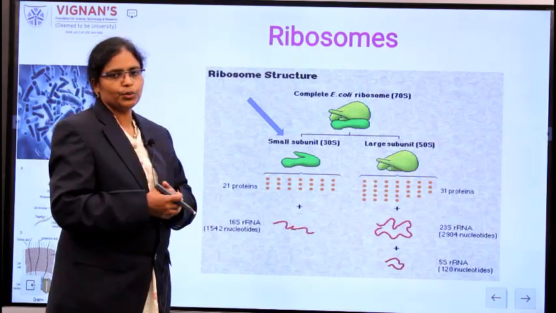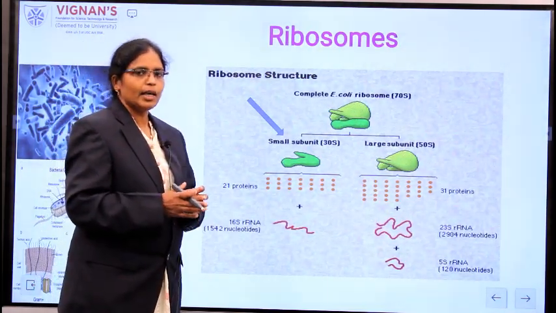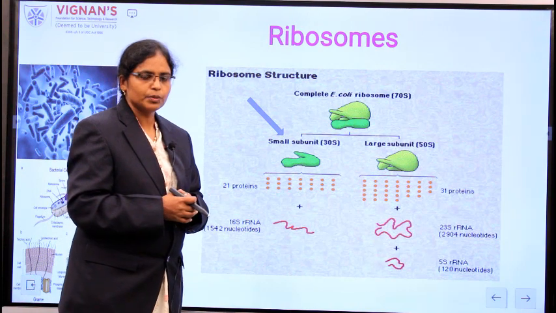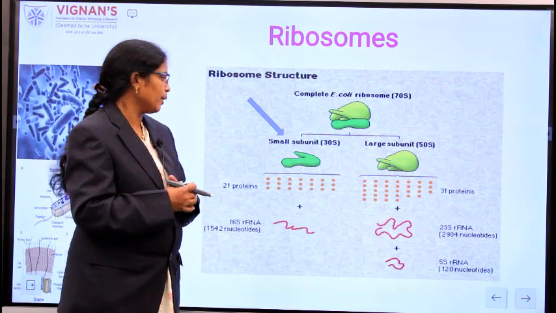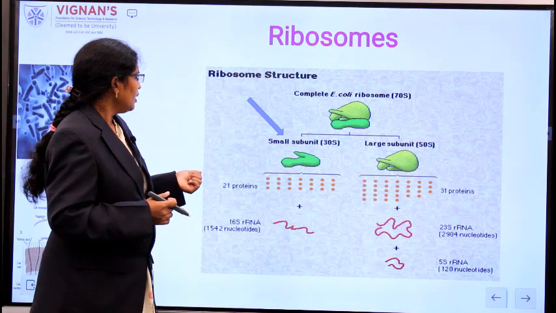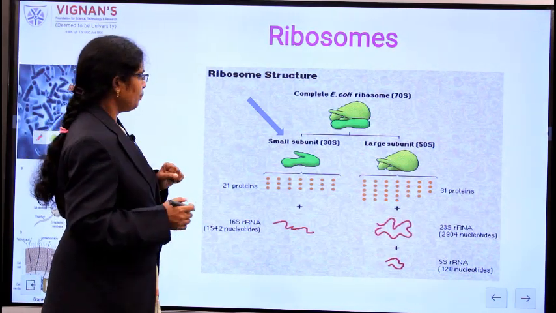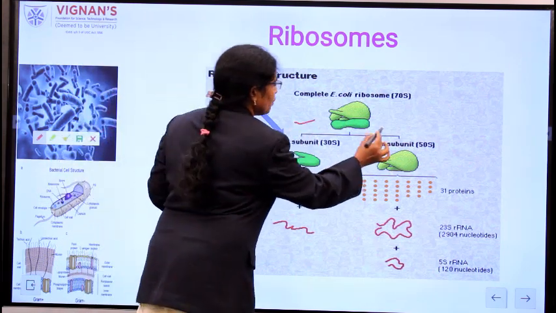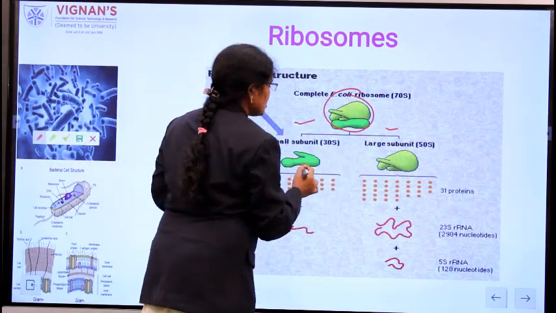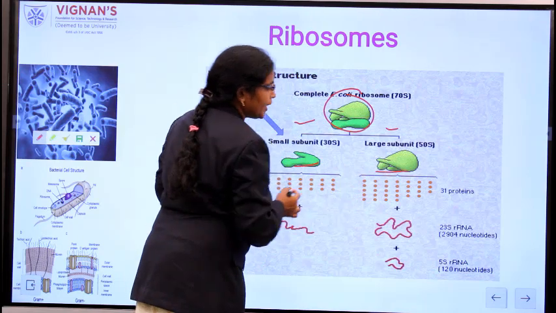And see the ribosomes. In bacteria, the ribosomes are 70S ribosomes. In eukaryotes, 80S ribosomes. If you observe the bacteria, the 70S ribosomes consist of two subunits, 30S and 50S.